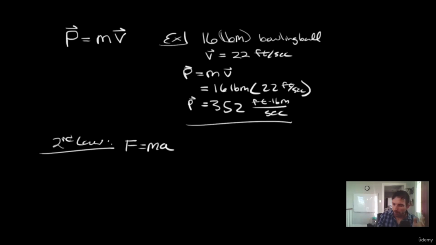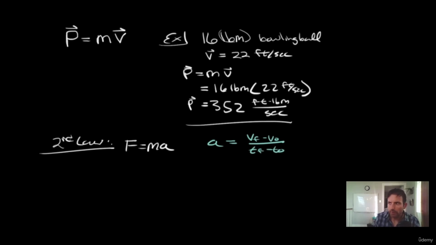Now, we also know that acceleration is just the change in velocity, or let's say v final minus v naught, over the change in time, time final minus time initial, or time naught. That's all acceleration is.